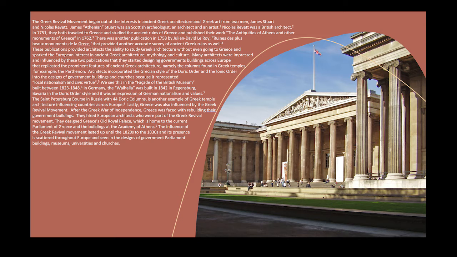Architects incorporated the Greek style of the Doric order and the Ionic order into the designs of government buildings and churches because it represents nationalism and civic virtues. We see this in the British Museum, built between 1823 and 1848.